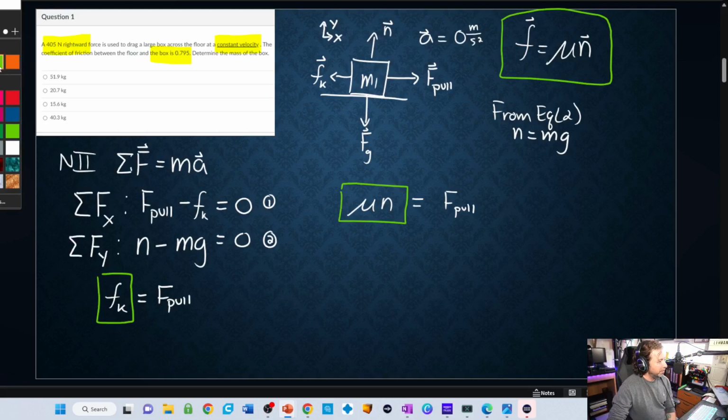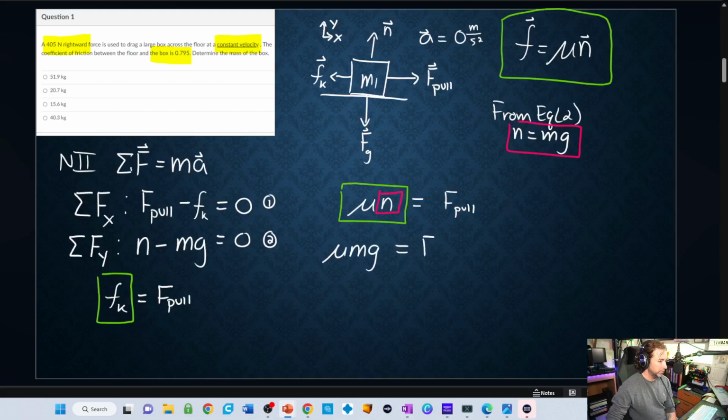So let's take this, N is equal to mg, and substitute that on in here for N. So what we are left with is mu mg equals force of the pole. So there's friction, that's where that came from. And then we also have the mg here from the normal. Hopefully you can follow this color coding scheme.